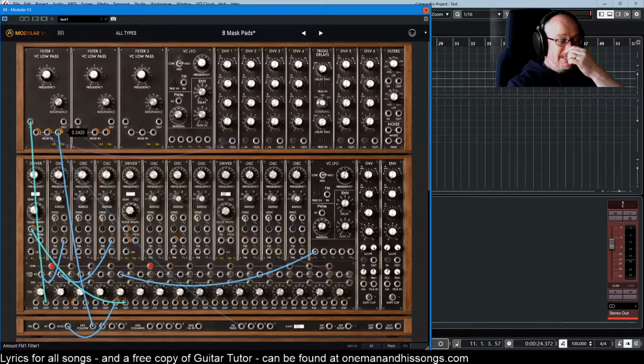So you can see the seesaw effect. When I have positive values, the sound is duller. That's its natural sound. When I have negative values, the tone is sharper.